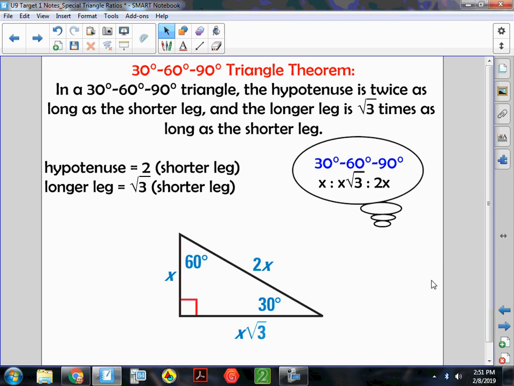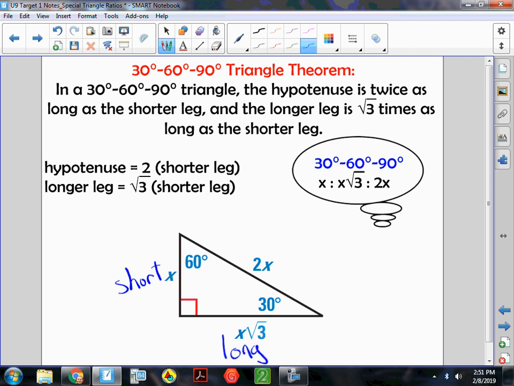Here's one way to look at that. For a 30-60-90 triangle, the hypotenuse is twice as long as the shorter leg, and the longer leg is square root of 3 times as long as the shorter leg. We're always going to have a short leg across from the 30-degree angle, a long leg across from the 60-degree angle, and the hypotenuse across from the right angle.